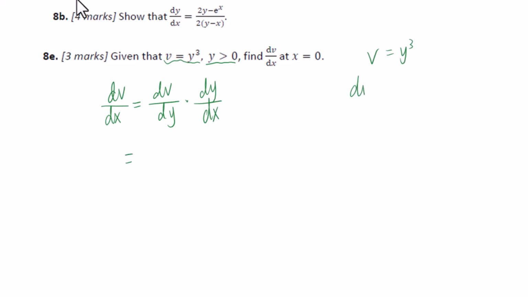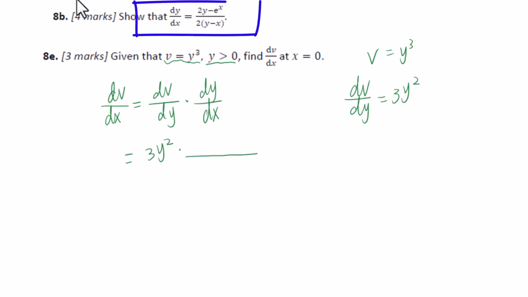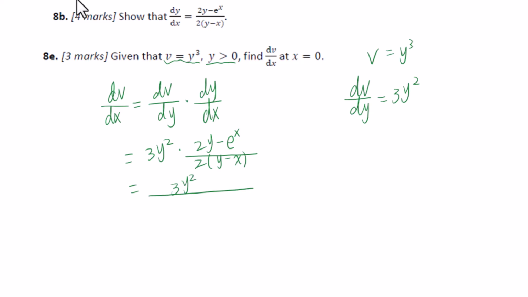Take the derivative with respect to y: dv by dy equals 3y squared. 3y squared times dy by dx, which is given here as (2y minus e to the x power) over 2 times (y minus x). We organize: 3y squared times (2y minus e to the x power) over 2 times (y minus x).